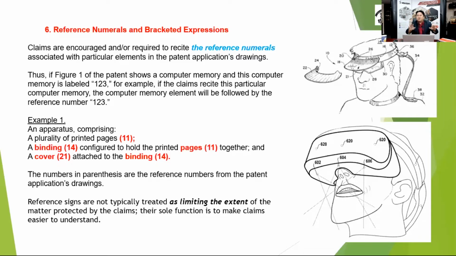So you have to resubmit and correct your own errors and omissions. Okay, so this is very important. Always start with the drawings, list down the elements, and draft the claims using the reference numbers as per your drawings.